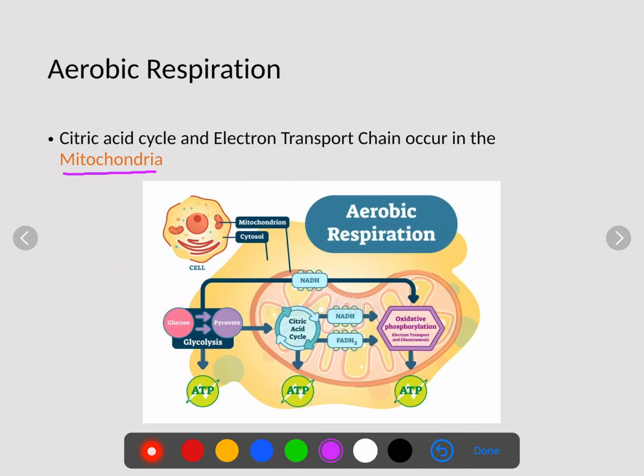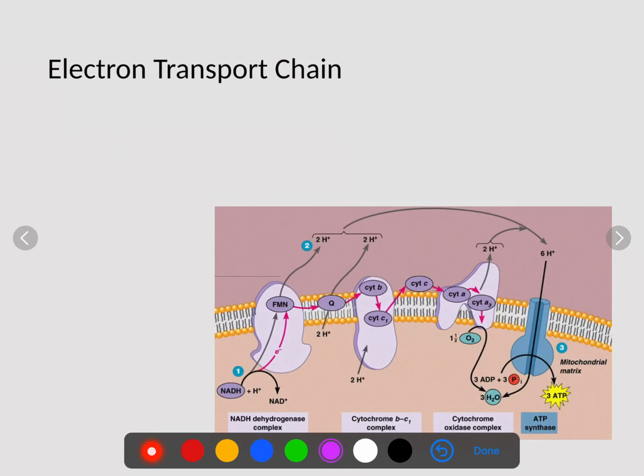Now, often you hear of the mitochondria as the powerhouse of the cell because the mitochondria makes energy. So again, this is where our energy is made inside of the cell.